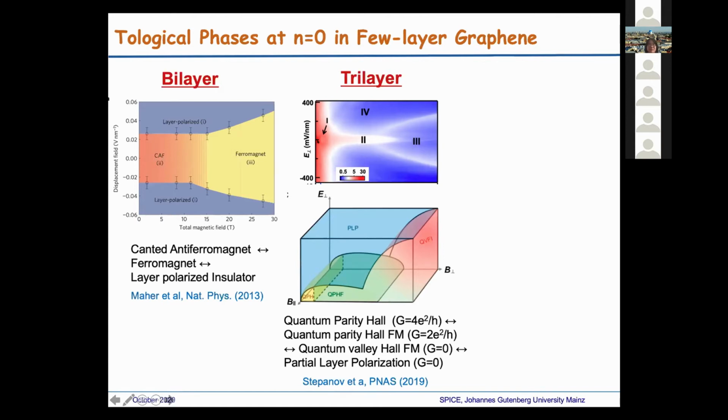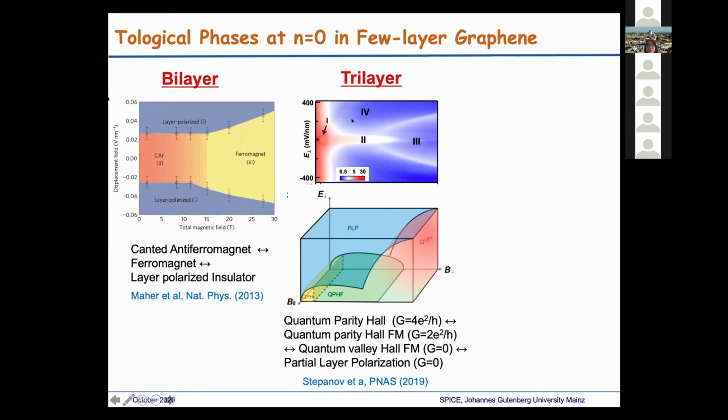For example, phase 1, which is right here, has a conductance of roughly 4 conductance quanta, and phase 2 has 2 conductance quanta. Phases 3 and 4 are insulators, but the transition between them is non-monotonic and goes through a local maximum.